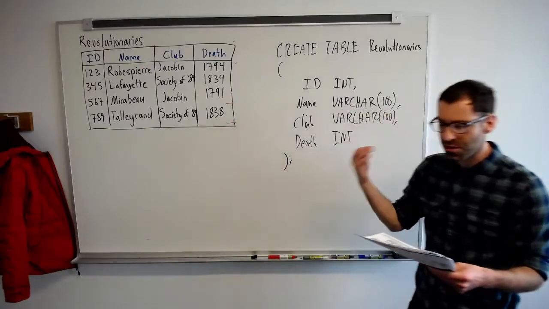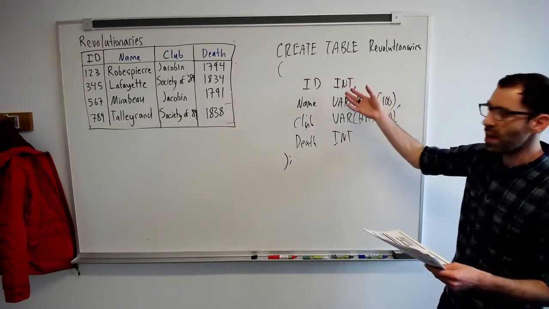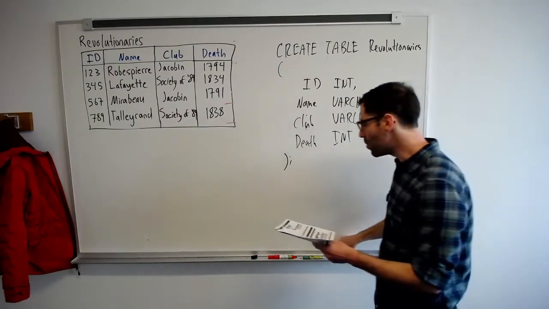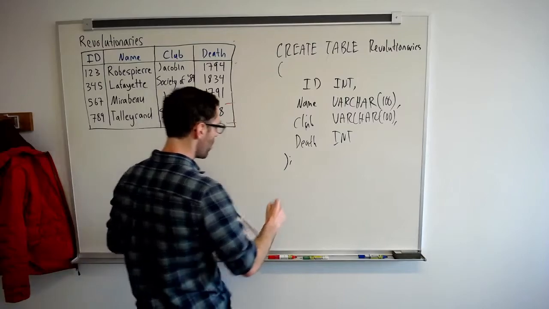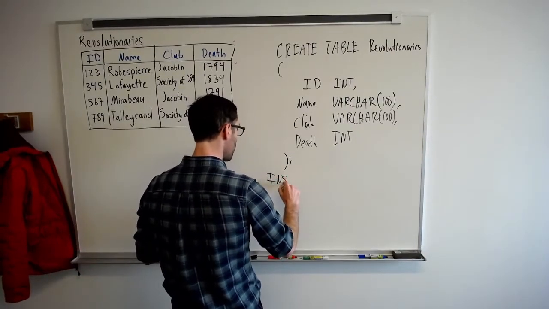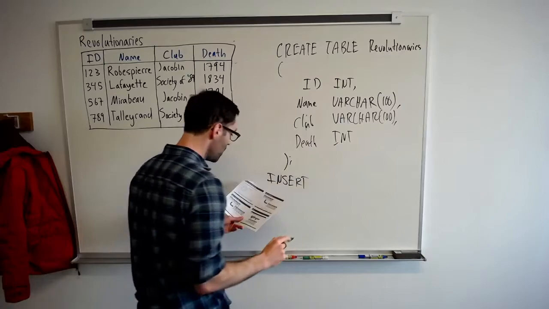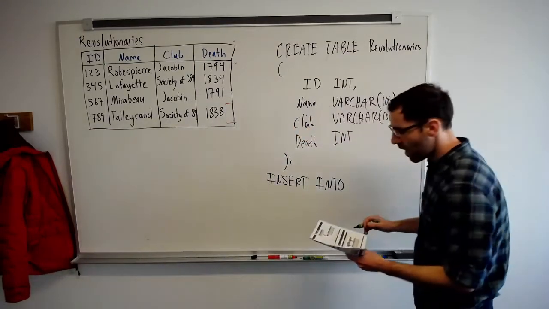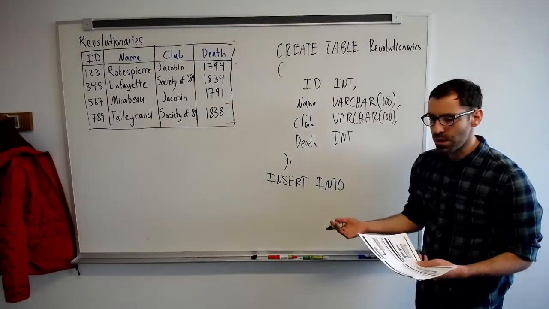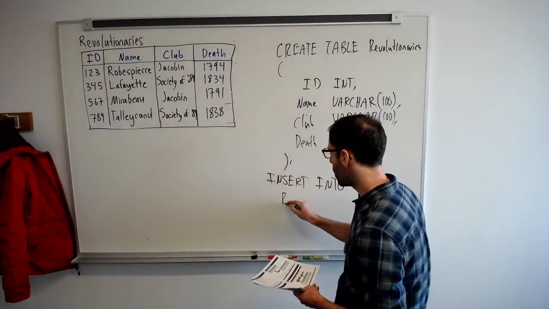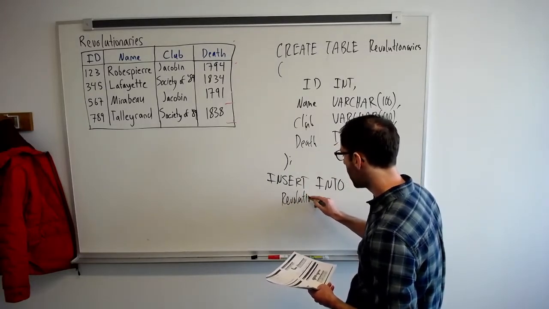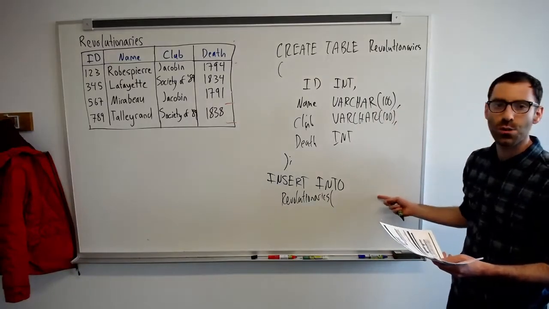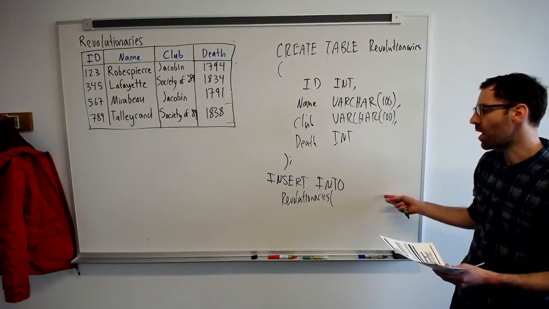So how would we insert new data into our table? We've created it. Now we need to insert a new tuple, and we would do that with an insert statement that would insert into, and then what we would need to do is to give the table that we're inserting into, and you can also specify which attribute values you're going to provide.